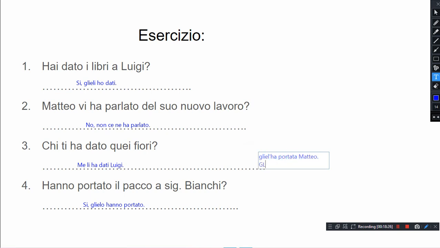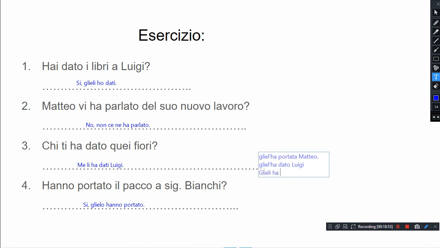Or gliela dato Luigi. But when we say it in the plural form, we cannot use it.